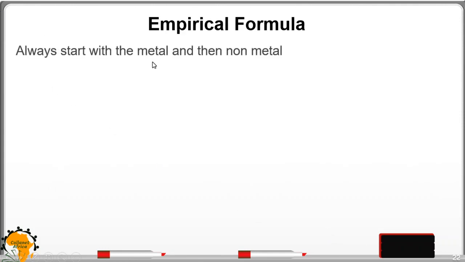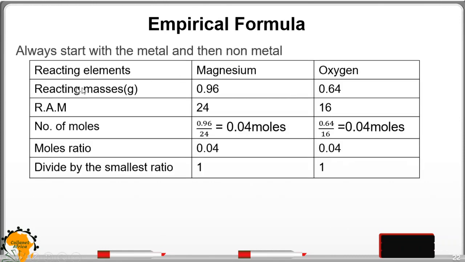First, remember you always start with the metal and then the non-metal. The reacting elements are magnesium and oxygen. Reacting masses 0.96 and 0.64. RAM, or relative atomic mass, of magnesium is 24 and oxygen is 16.